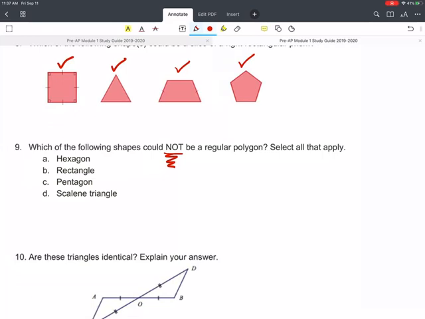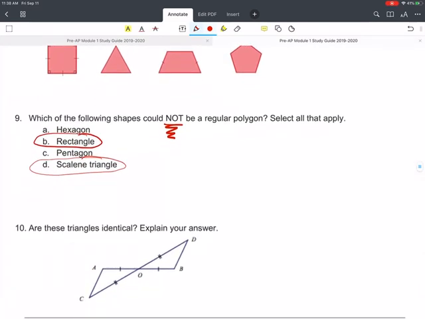A hexagon would be a regular polygon. We're looking for the one that is not. A rectangle has 2 different side lengths, so that would be a not. A pentagon has 5 side lengths, so I'm not going to select it. And then D, a scalene triangle, 2 sides would be the same, but the other would not, so those are the 2 you should have selected.